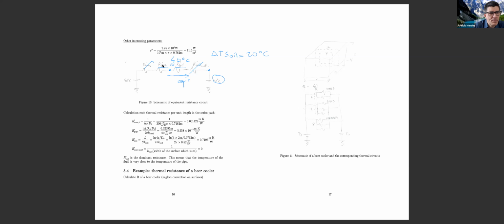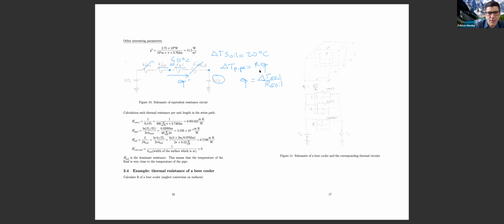If the resistance of the pipe is more or less the same as the resistance of the soil, right? So we would have delta T of the pipe would be R times Q, right? And we know that Q was delta T in the soil over R of the soil, right?